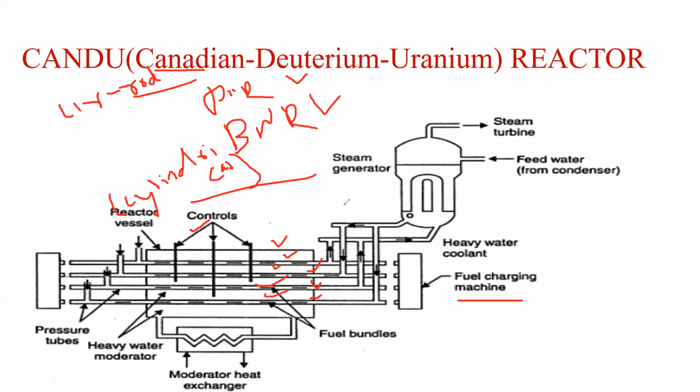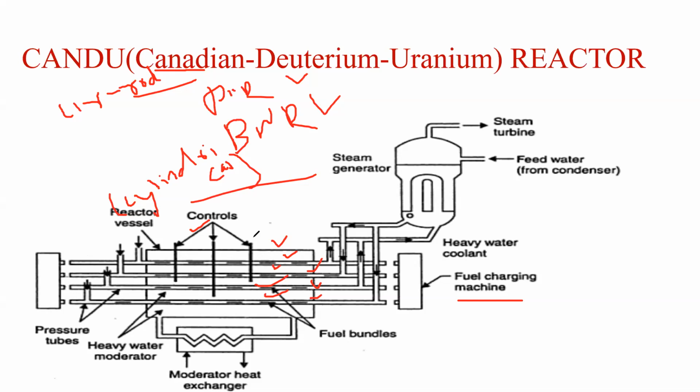Now in this reactor, we use the moderator as a heat exchanger, meaning the moderator is mixed up with the heat exchanger. This is another difference. After this we use a number of tubes.